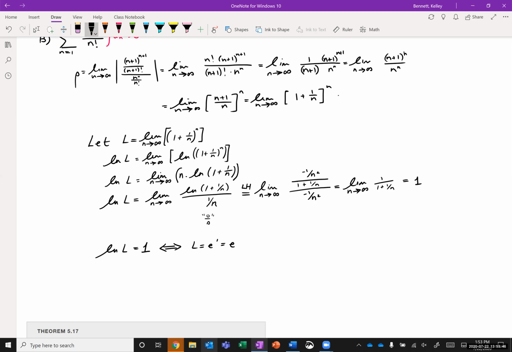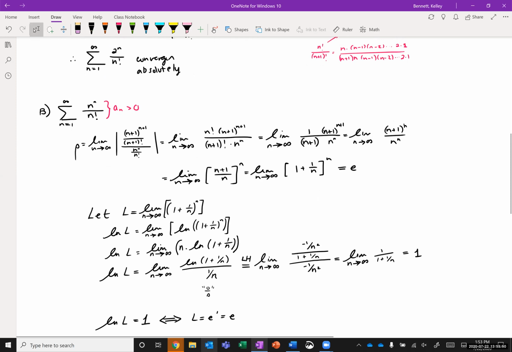So the limit of this is e. Rho is equal to e. e is bigger than 1. So this guy diverges.